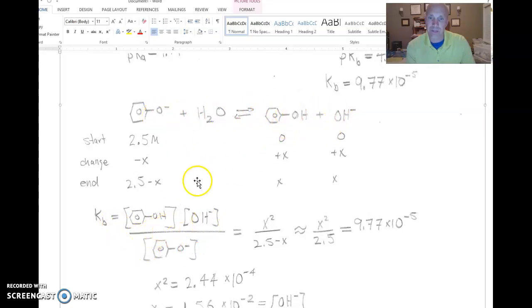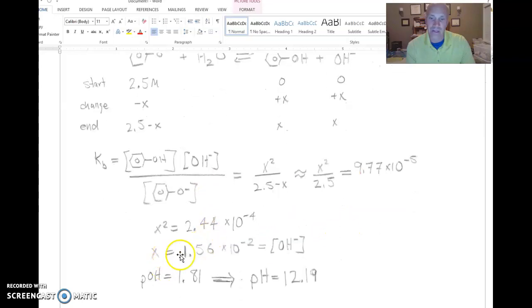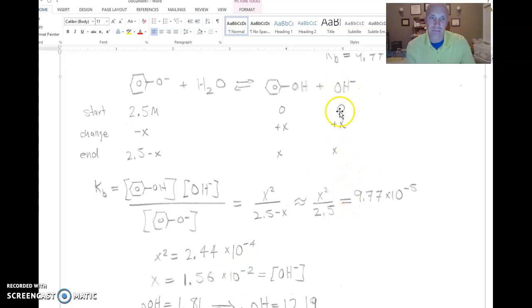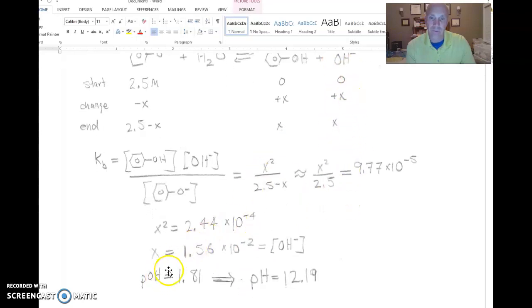Remember, the stuff on the right is what goes up top. This guy goes down bottom. We fill in these expressions here. We can make that assumption that the denominator is essentially the same thing as this. We solve for x, and one thing that we can see is that x is the same thing as your hydroxide, and once we know that, we can go to pOH, and from pOH we can get to pH, which would be 12.19.